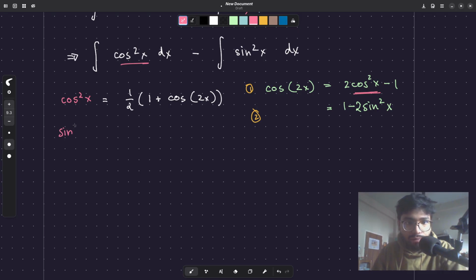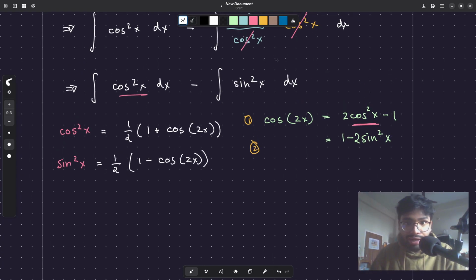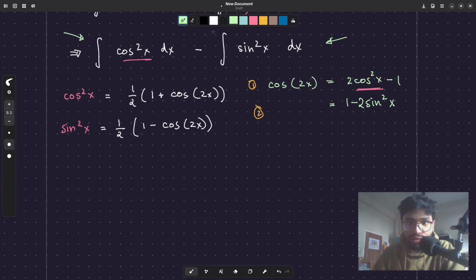And for sine square x, we can do the same: bring this one over there and this one over there. Again there will be a half, and 1 minus cosine of 2x. All right, so we have this, and we can use this in these integrals to make things easier. Let us try and do that.